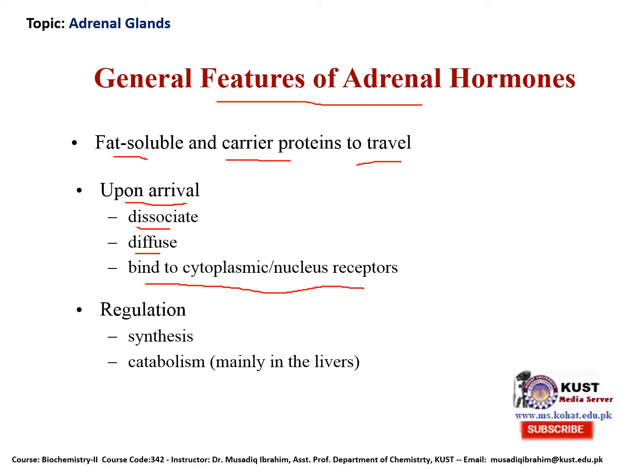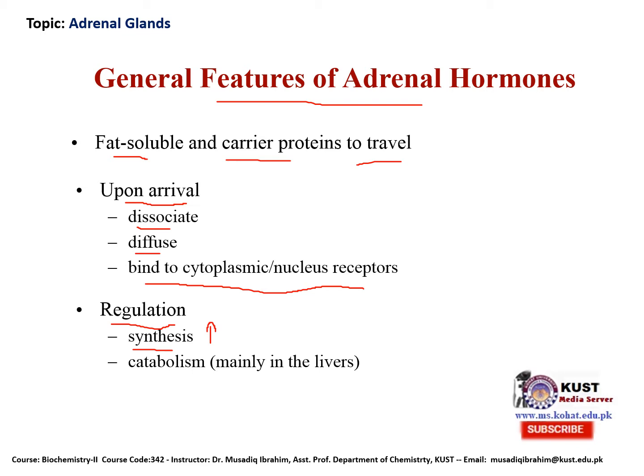Now, relating to the regulation of the adrenal hormones, that is how they are being regulated. One of the mechanisms is synthesis: when the adrenal hormone secretion is less, the synthesis is increased to compensate for the deficiency.